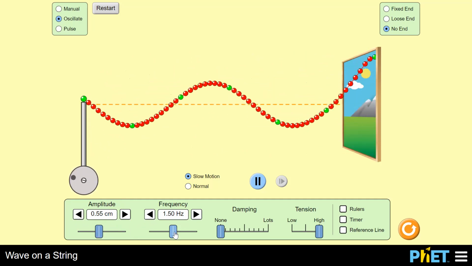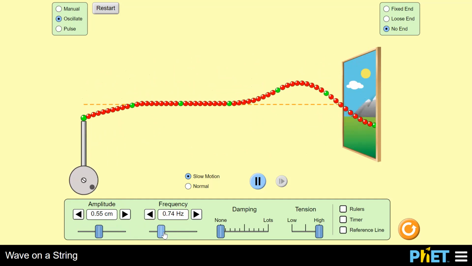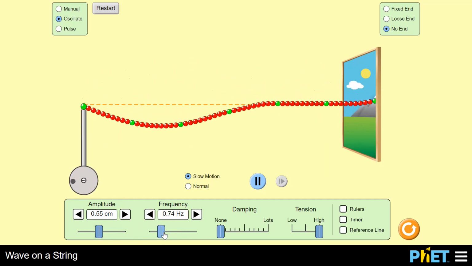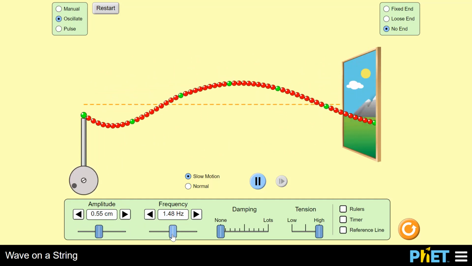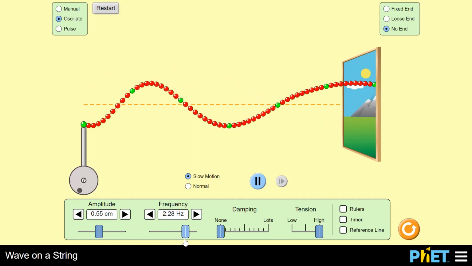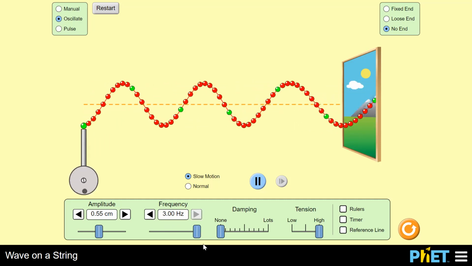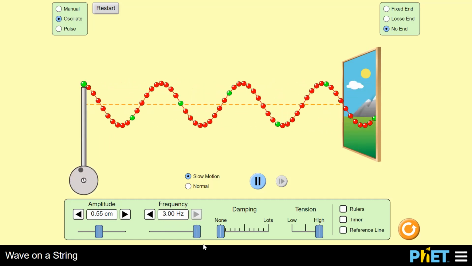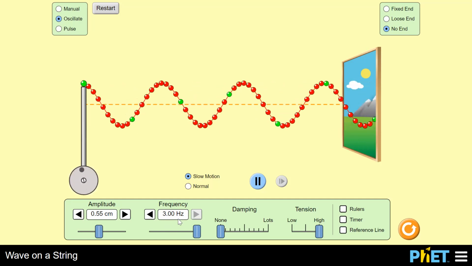And for the frequency, if we decrease the frequency, we can observe the wave gets slower. But as we increase the frequency, it gets faster and faster. And also, the period decreases.